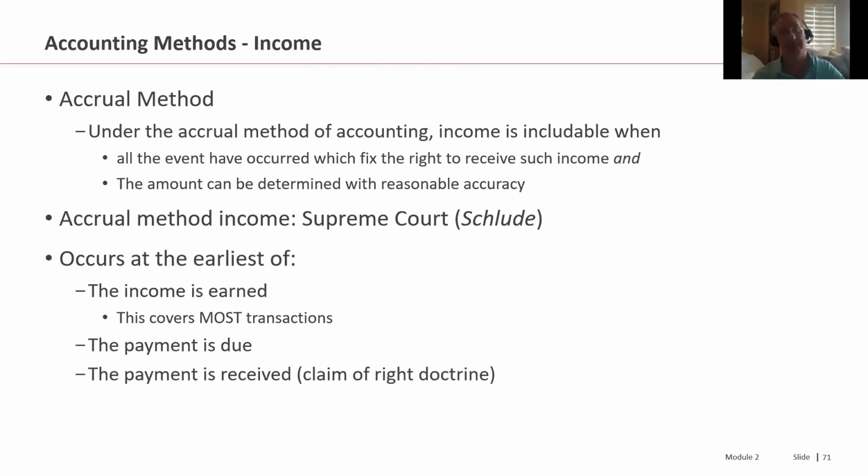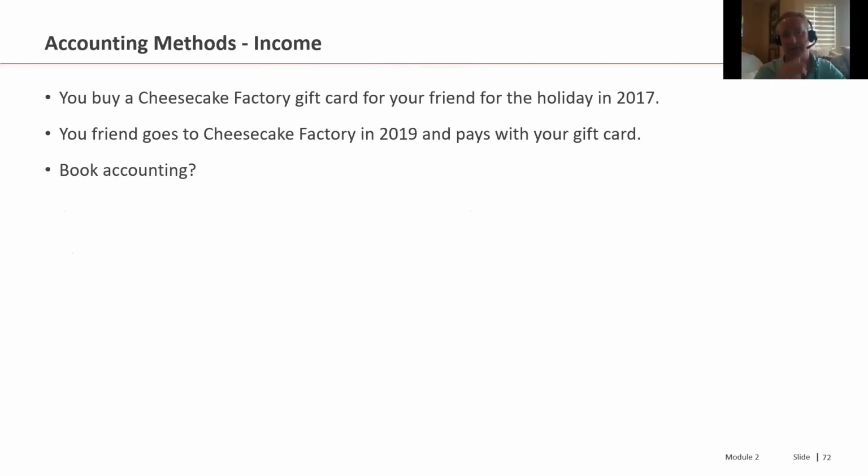Okay, well, we get that, right? You've covered that in revenue recognition in your financial accounting. When income is earned, it's also earned for tax purposes. When the payment is due, well, wait a second, that's a little bit hairy. Or worse yet, the payment is received. So if you receive a payment under the claim of right doctrine and under the all events test, that is income to you. It's that last one that really hurts.